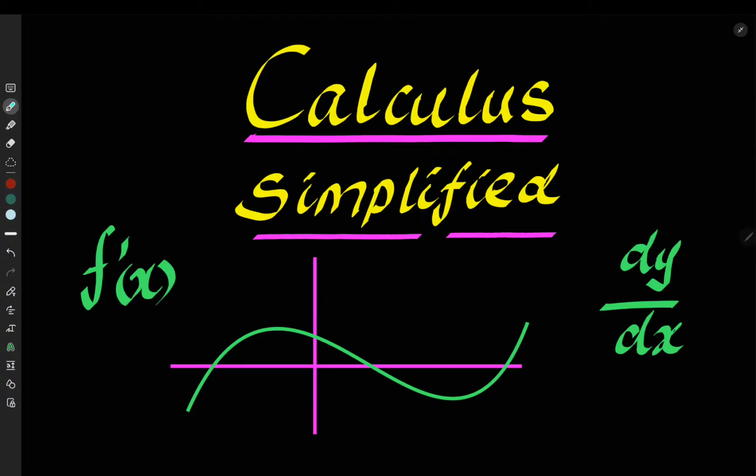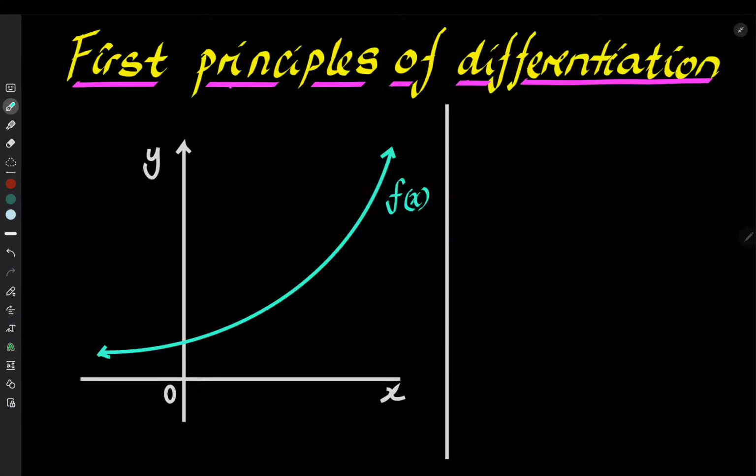So we're going to look first at the first principles of differentiation. Now, before we look at that, you recall that if you are given 2 points on a Cartesian plane, let's say point A and point B, with the coordinates x1 and y1, and the coordinates of B as x2 and y2, these 2 points can be joined with a straight line.